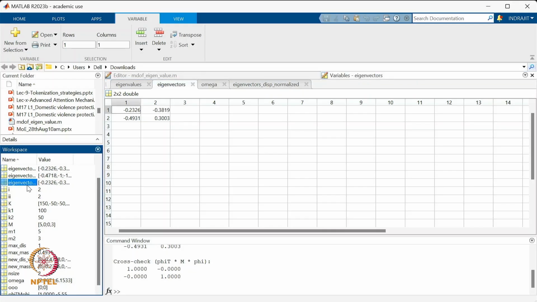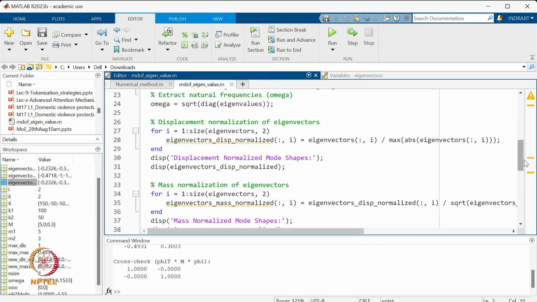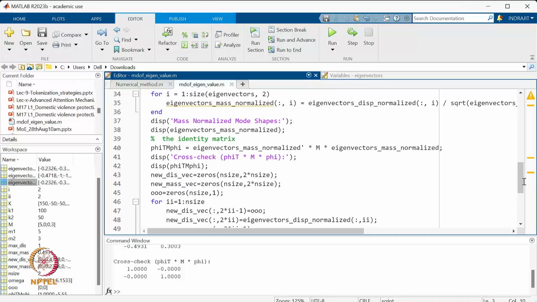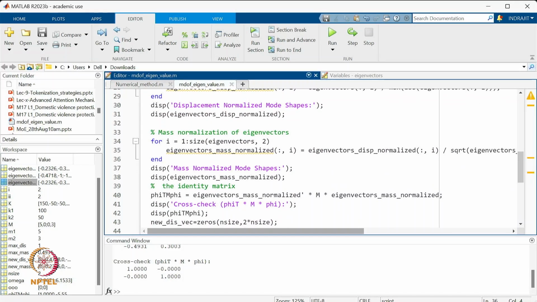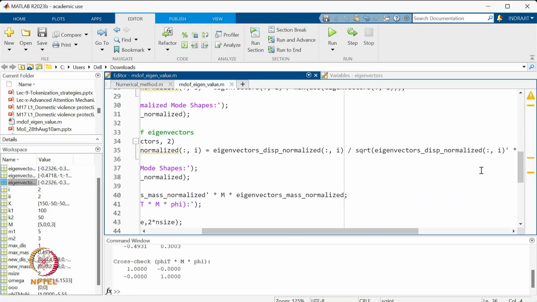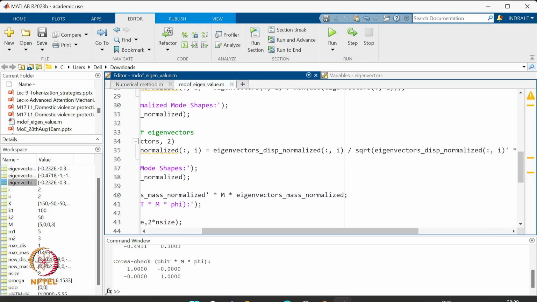The next step is that you take the displacement normalized eigenvector divided by the square root of this. Let me show you. Here, if you do phi transpose m phi, that will give something like m1, m2, m3, m4, maybe with some bar.